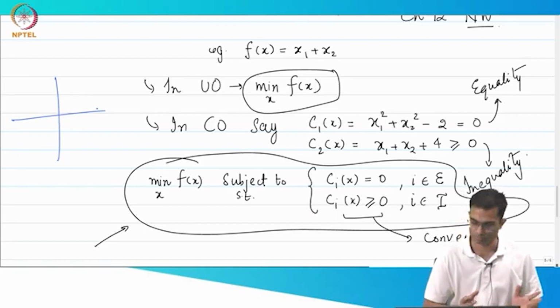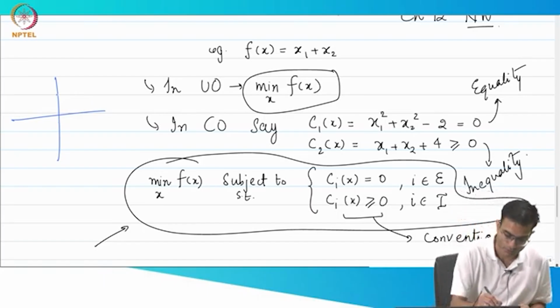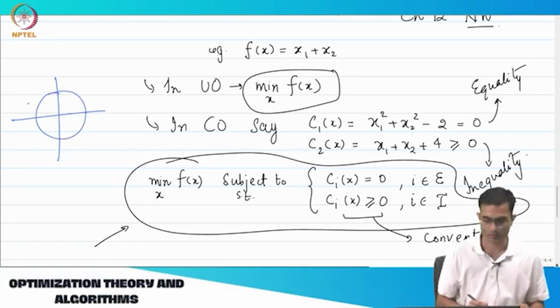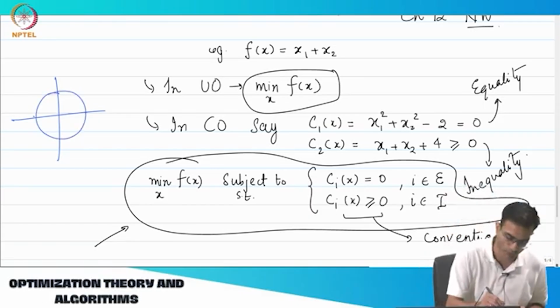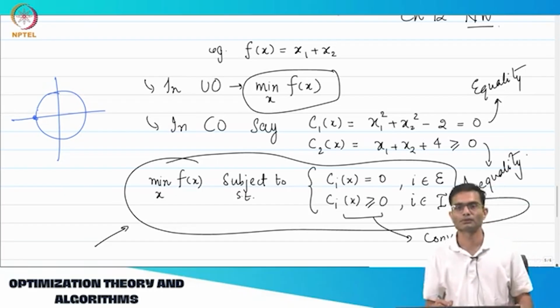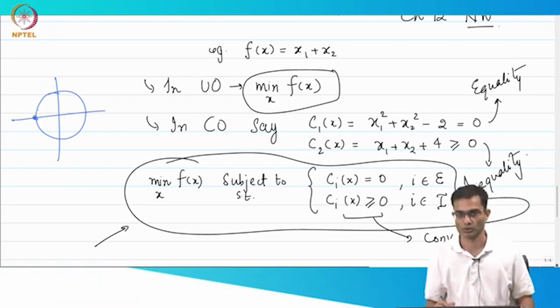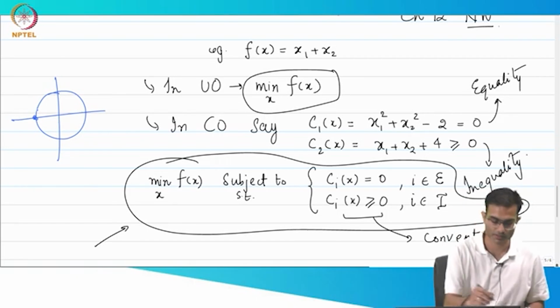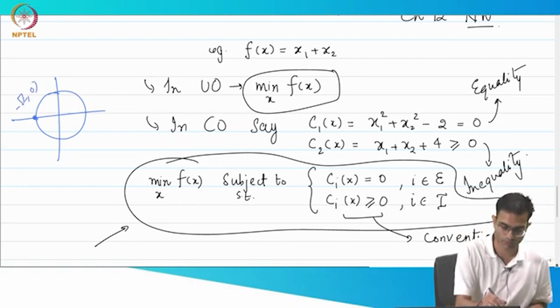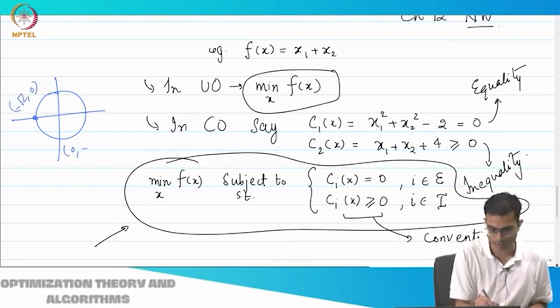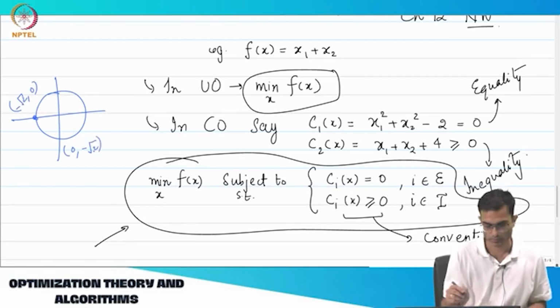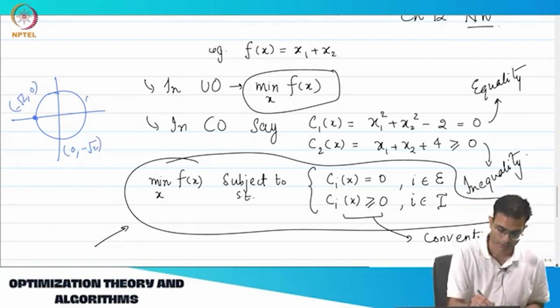Radius is root 2, right. So this is my circle. So what is this point, for example? Minus root 2 comma 0, right. This is 0 comma minus root 2. All right, so this is my C1x.